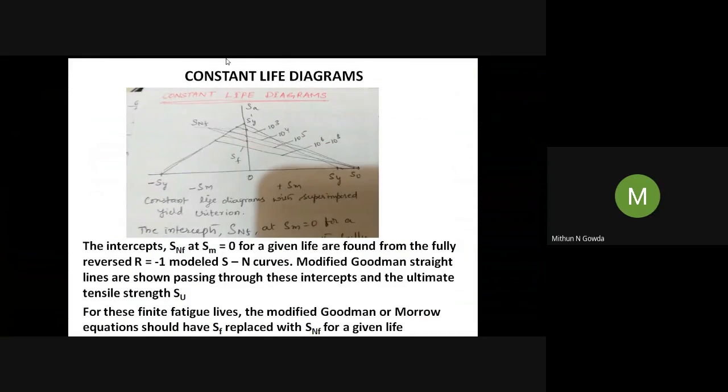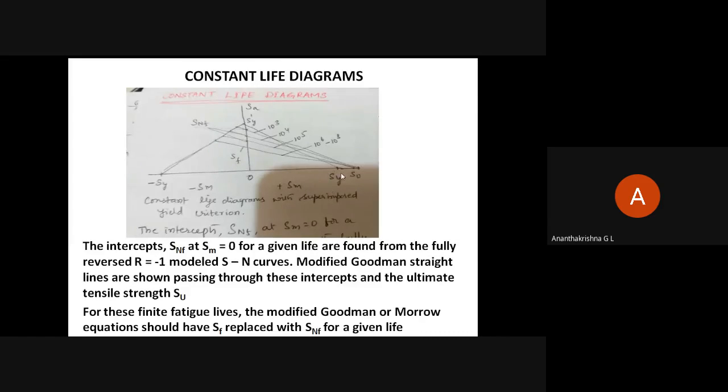Okay. Now note down the heading as constant life diagrams and note down the sketch here. This is compression, that is minus SY, yield stress. This is compressive mean stress. Plus SM stands for the tensile mean stress.